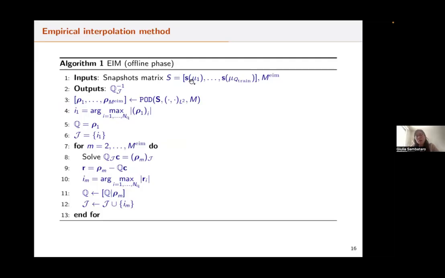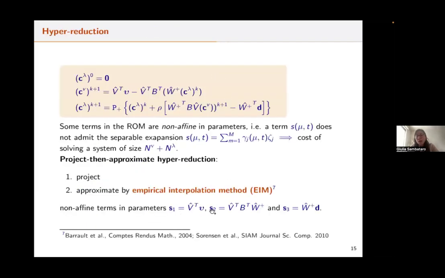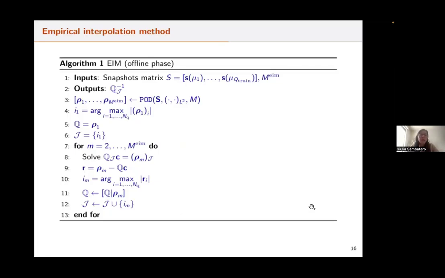This snapshot matrix is generically indicated by S, and inside there could be, independently, the non-affine terms here, and it is an algorithm based on POD, and the reduced basis Q is found from the high fidelity snapshots, and what it imposes is the equality of the snapshots and the EIM approximation at selected points that are the interpolation points, and the total number here is denoted by big M EIM. Okay.